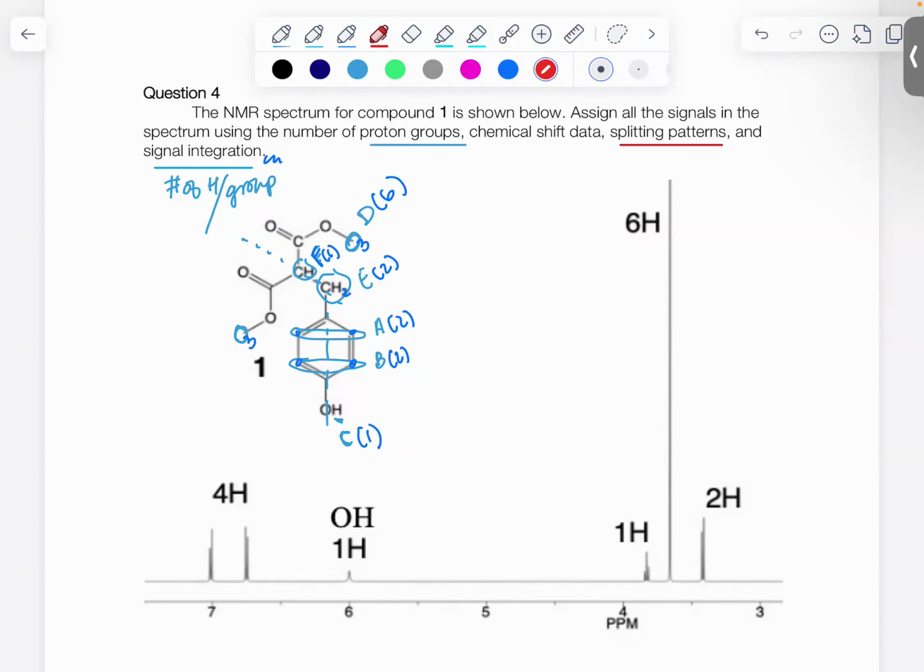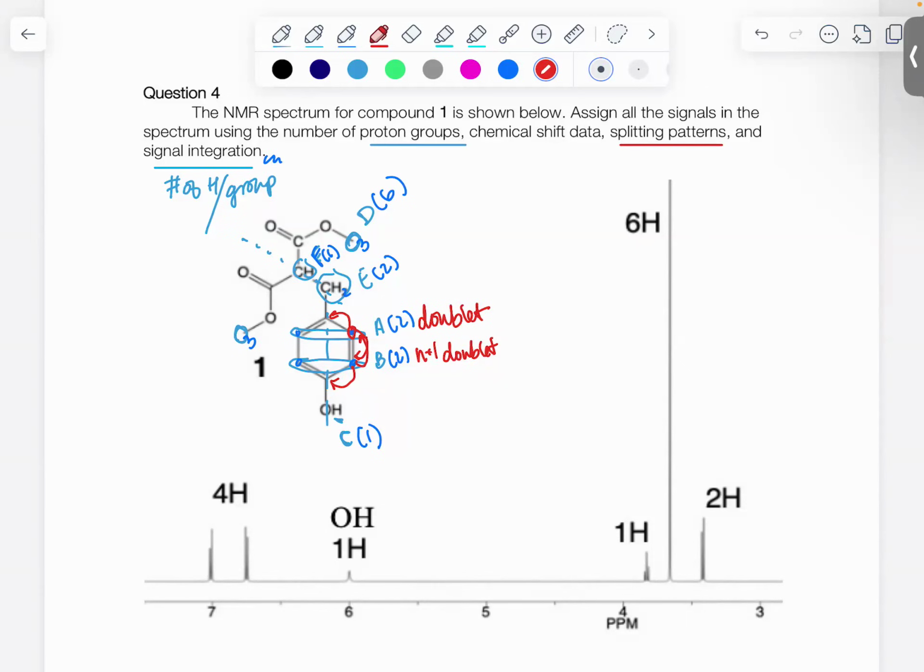Splitting patterns, this is where we look at our neighboring protons. So B has no neighbors this way, but 1 neighbor this way, and our rule for neighbors is n plus 1. So we would expect a doublet. A, we have the same thing, no neighbors here. We have a neighbor in B, so we would have a doublet.